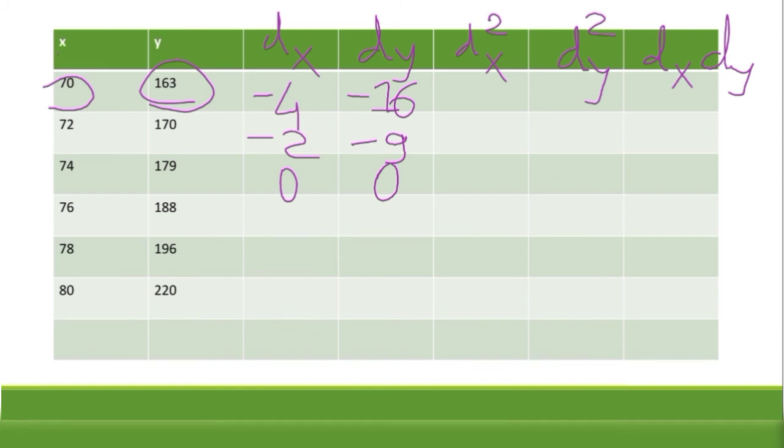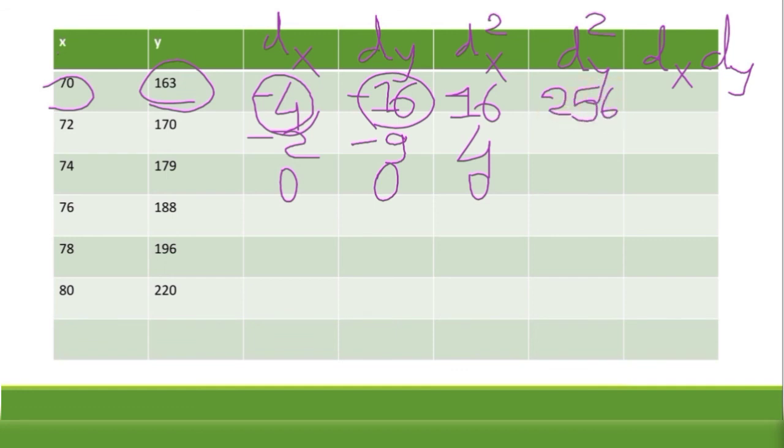Then for finding dx square, square these. So minus 4 square is 16. Then minus 2 square is 4. 0 square is 0. Find all these values. Then for dy square, squaring minus 16 we get 256. Square of minus 9 will be 81.